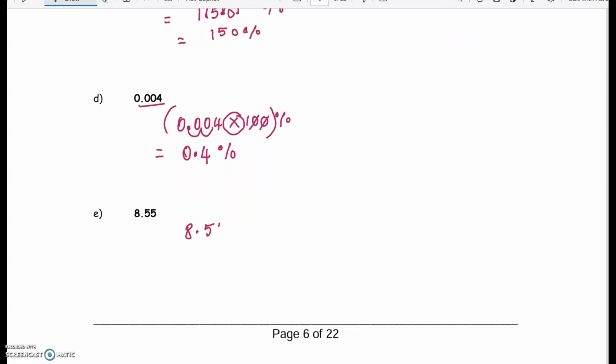Next, 8.55 times 100%. We're changing this decimal to a percent, so we have to multiply by 100%, which is equal to multiplying by a 1. So 8.55. When we multiply by 100, we shift the decimal point 2 place values to the right, which makes it an 855%.